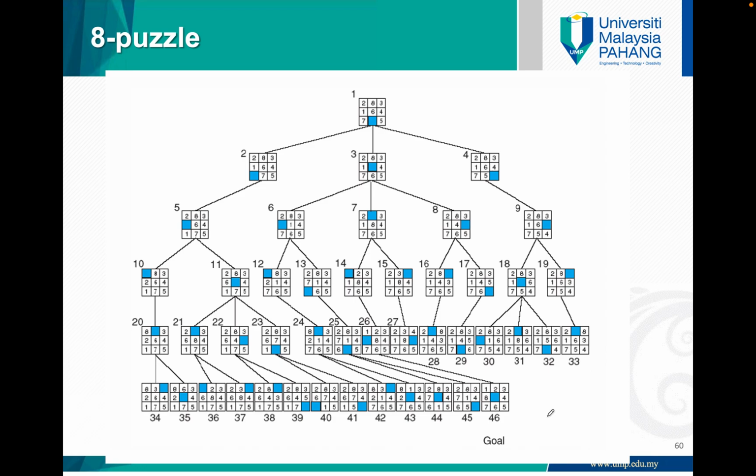Now I want you to do some exercise. We have this Romanian holiday, this Romanian map. We want to go from Arad to Bucharest. I want you to calculate the distance and the value of the shortest distance with the lowest path cost from Arad to Bucharest.